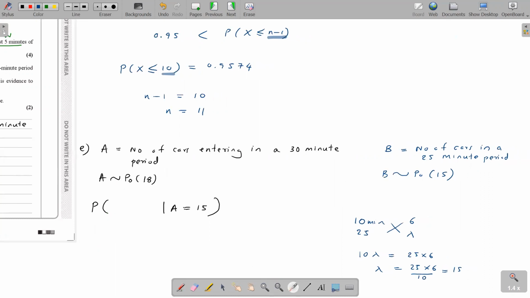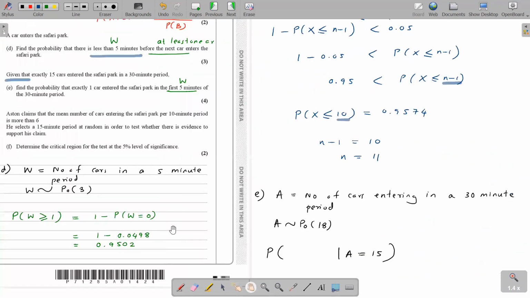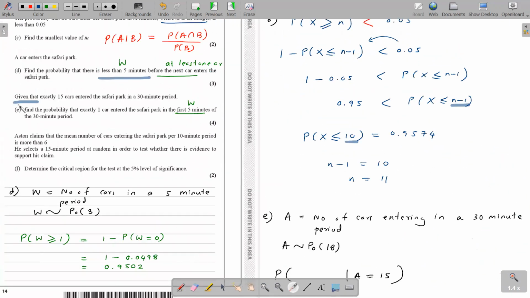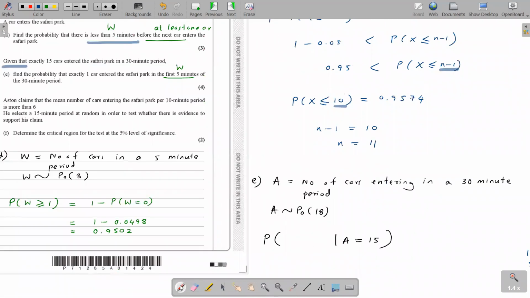Okay, so then let's try finding the probability here. Reading the question, they tell you to find the probability. The given part is written at the back after the slash, and the finding-probability part should be written at the front. That exactly one car entered in the first 5 minutes, which means W is 1. And W is for the 5-minute interval, right?